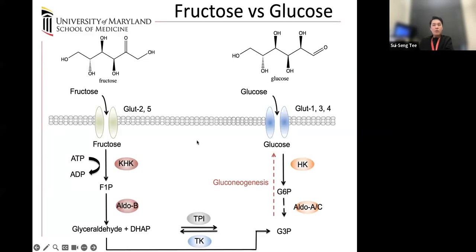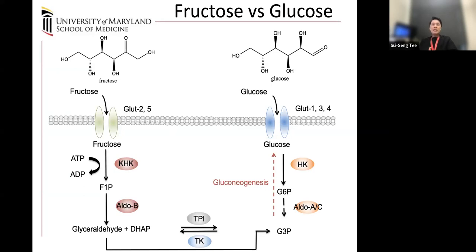But the pathways by which fructose is metabolized in the cell are pretty analogous to glucose, with a few distinct differences. The transporters that take in fructose are different from glucose, and the downstream enzymes as well. While both sugars are phosphorylated when they enter the cell, the enzymes that phosphorylate fructose and glucose are different.